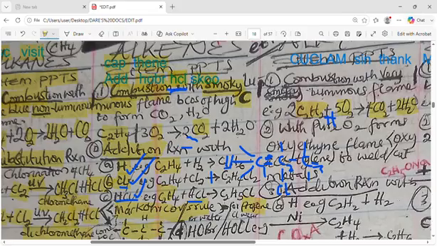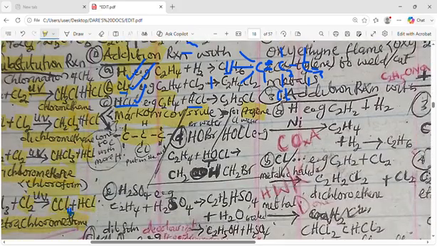Now we are still continuing with HOBr and then "school". So let's now add HOBr. HOBr is called bromine water, or HOCl, chlorine water, or hypochlorous acid. This one is hypobromous acid, this one hypochlorous acid. So when we add HOCl to the same ethene we are dealing with, what will happen? First, take only OH and put it beside half of this C2H4.